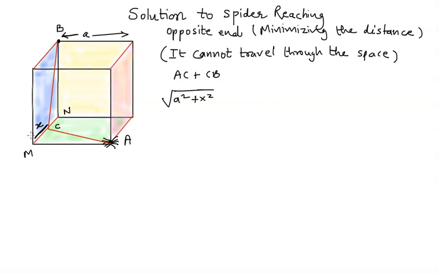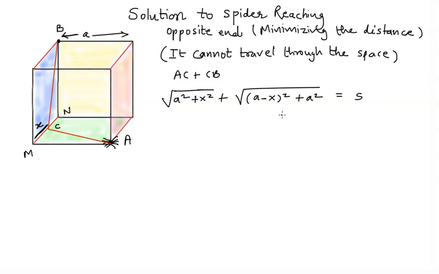So we do have that right angle triangle and we can use the Pythagoras theorem there. Similarly, we can find CB by applying Pythagoras theorem in the triangle BNC, where BN and CN are the perpendicular sides, CN is a minus x. So CB is going to be the square root of (a minus x) square plus a square, which is the length of BN. So let us say this is some distance s.